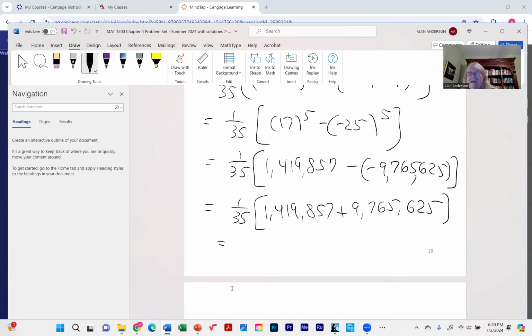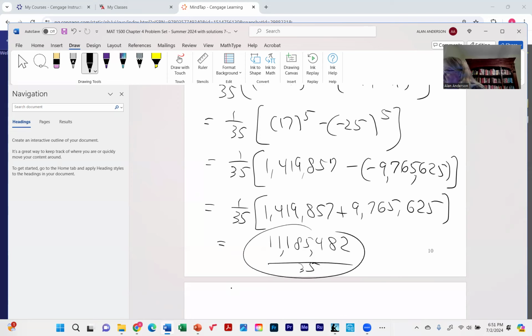Well, it's not an even amount. So I'll tell you, let's just leave it like this, the sum of the two. That's good enough. Okay. That'll do the job.